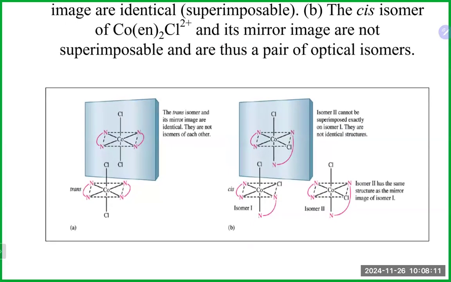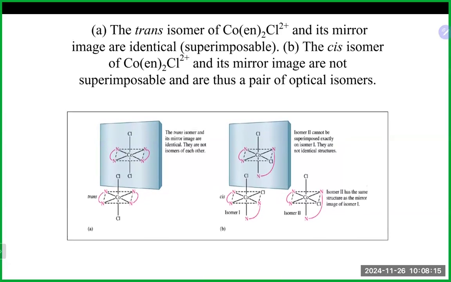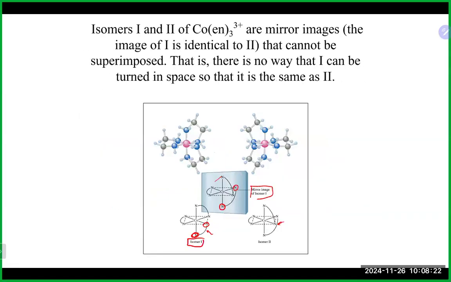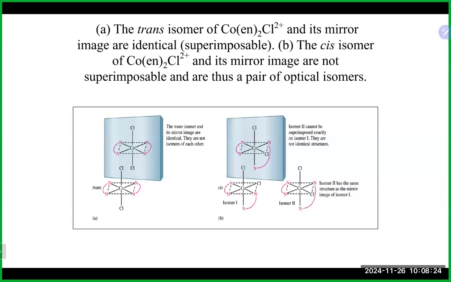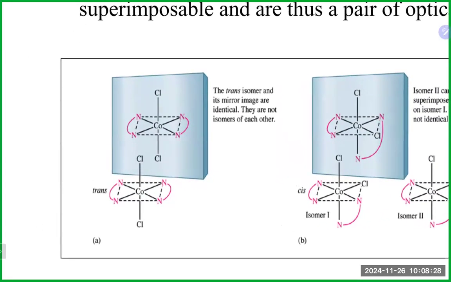Here again, we could take a look at our first one, which is our trans isomer, and its mirror images are identical to each other. And our cis one is not going to be identical. So here, when we do the reflection, we maintain the same connections between our nitrogens.